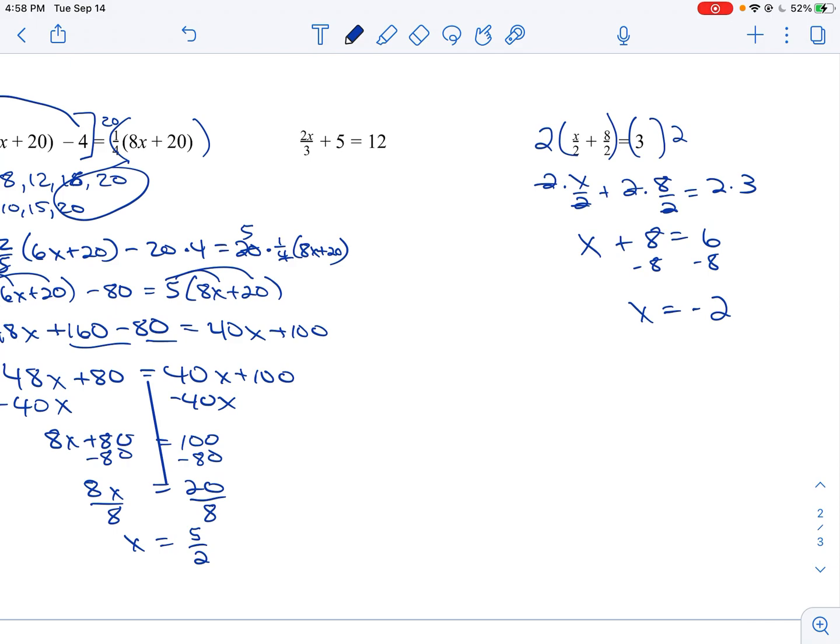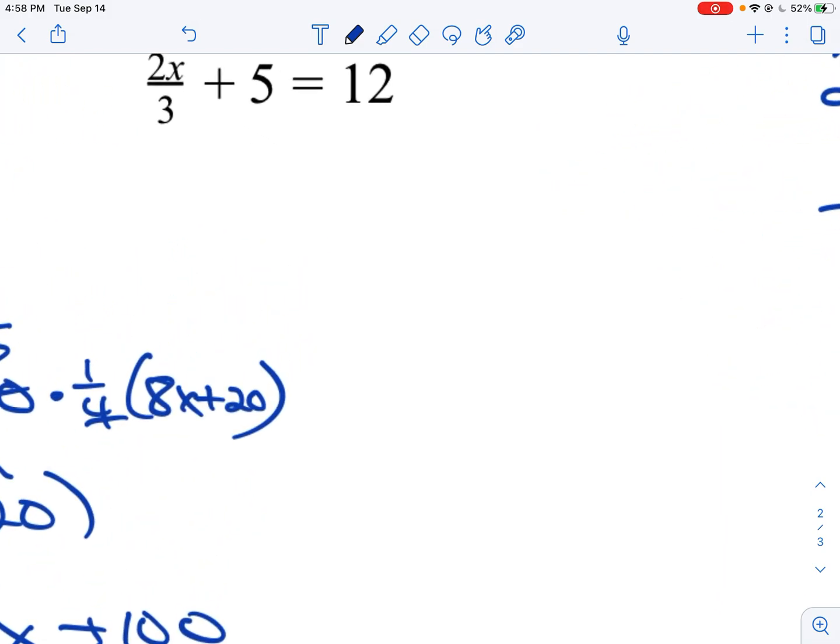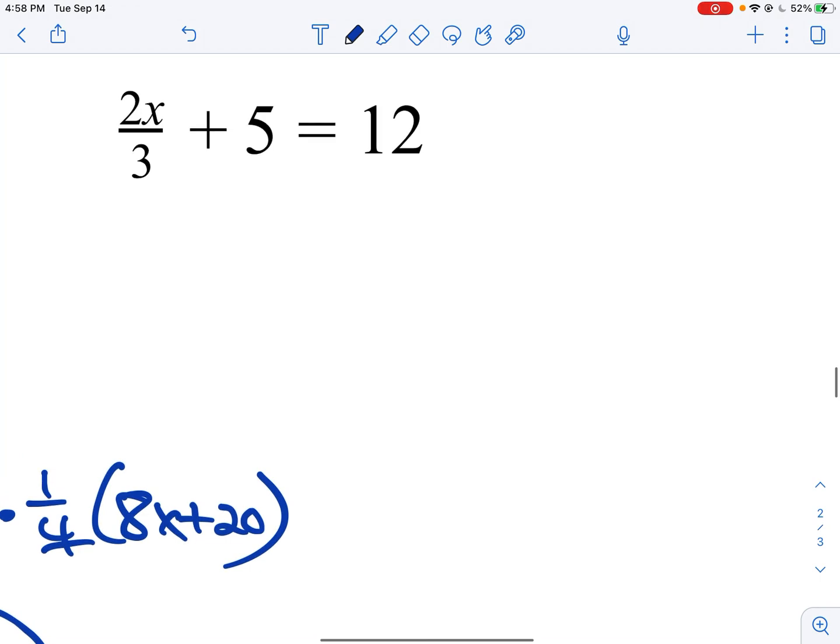Yes. Oh, I missed this one. Just totally missed it altogether. So the common denominator would be 3 here. Sorry about that.